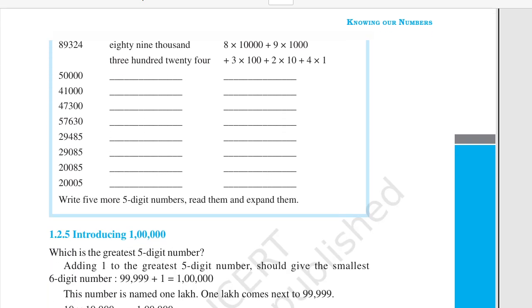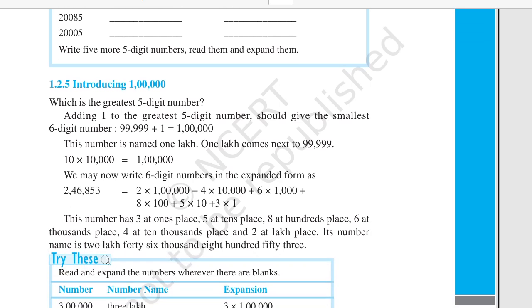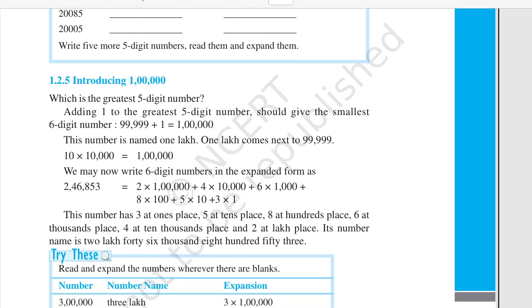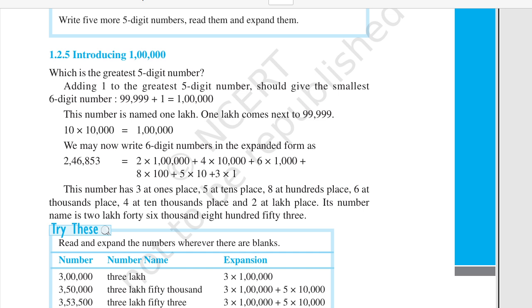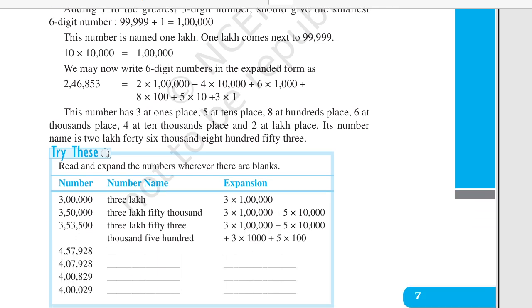Okay, now in the next video I'll explain how to make the smallest number by using the greatest number. Okay, so we will do it in the next video.